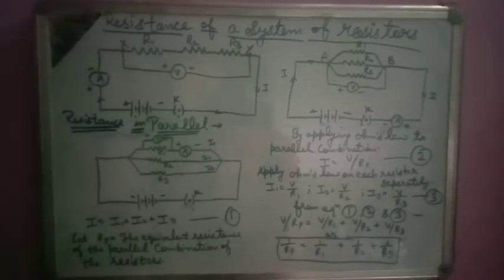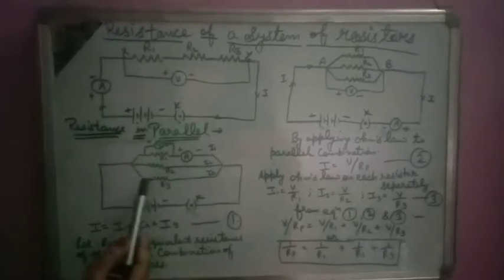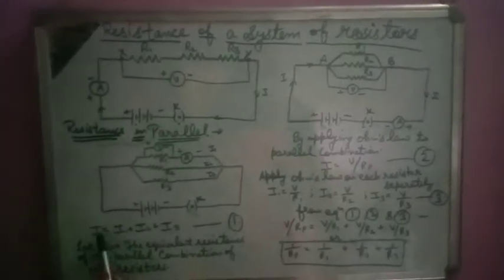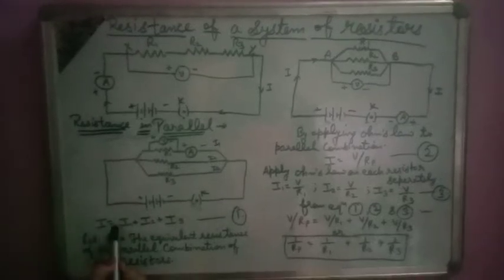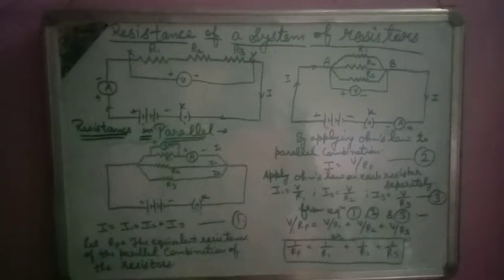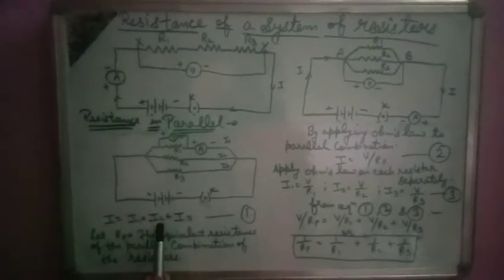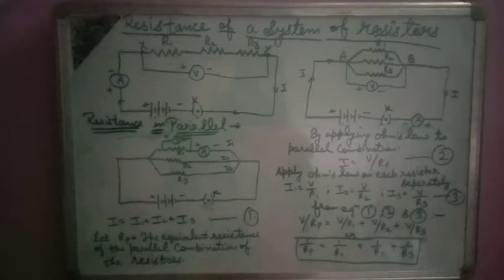Then the same thing I will do with resistance R3. Then let I be the total current. I, the total current across these three resistances, will be equal to the sum of the currents along with these three resistances, I1 plus I2 plus I3.